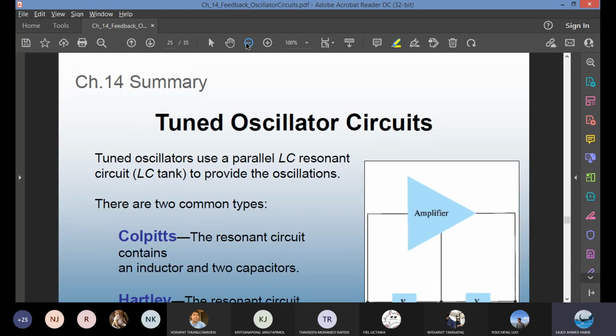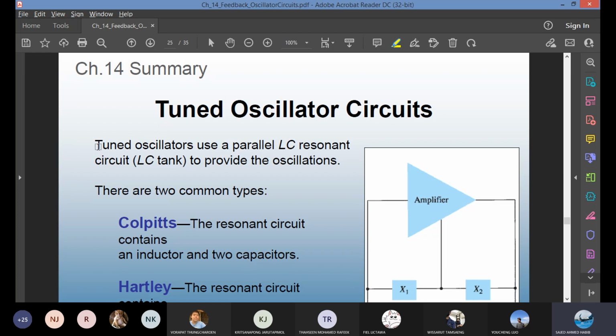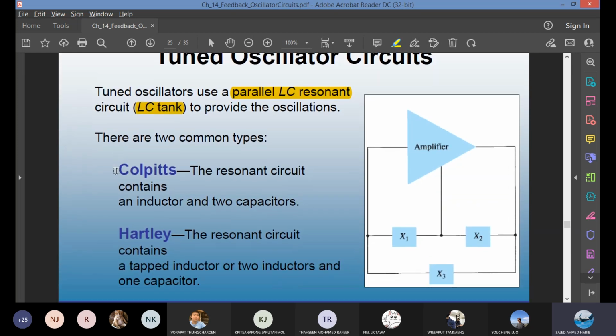Next, we move on to another oscillator circuit called the tuned oscillator circuit. The setup is a parallel LC resonant circuit, also known as an LC tank or tuned circuit. There are two types of tuned oscillators that are common; you can have some specialized ones as well.